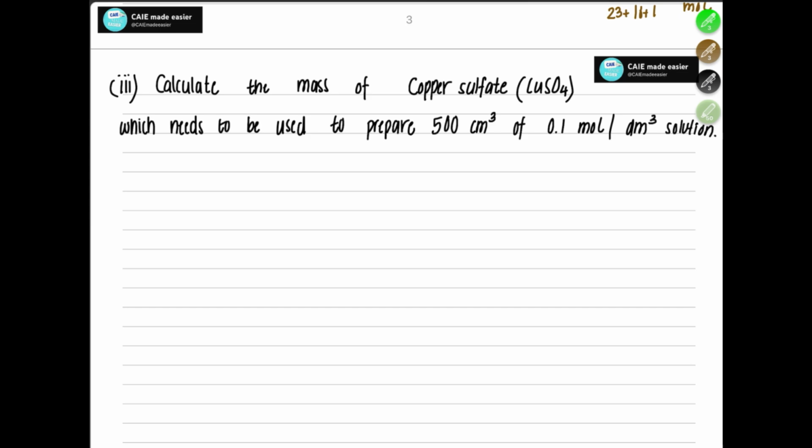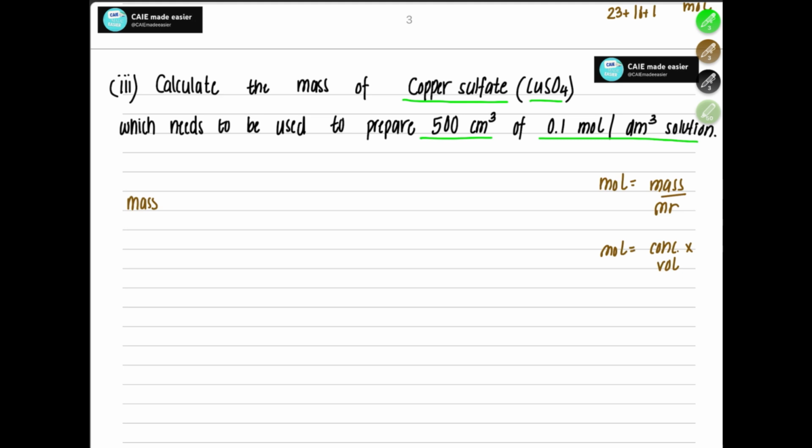We have another example. Calculate the mass of copper sulfate, CuSO4, which needs to be used to prepare 500 centimeter cube of, remember this is the volume, centimeter cube, and of 0.1 mole per decimeter cube solution. This is the concentration. So what is the question? Question asks you to find the mass. Remember the two formulas.